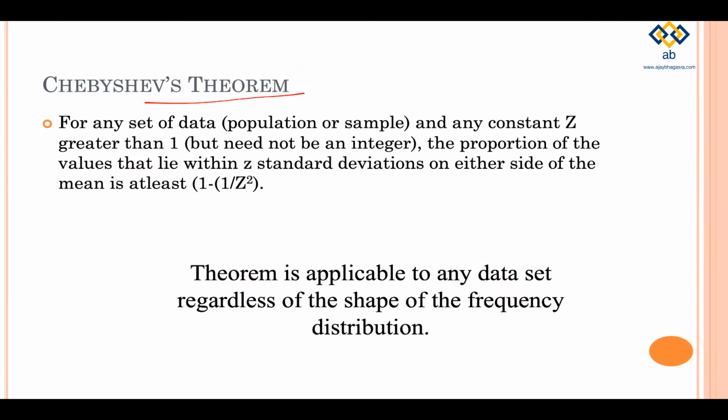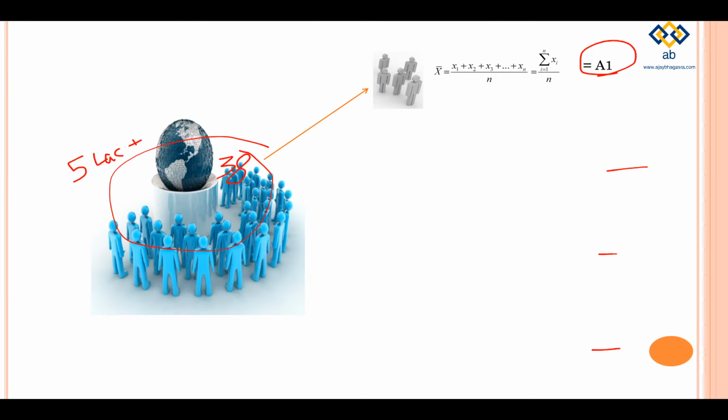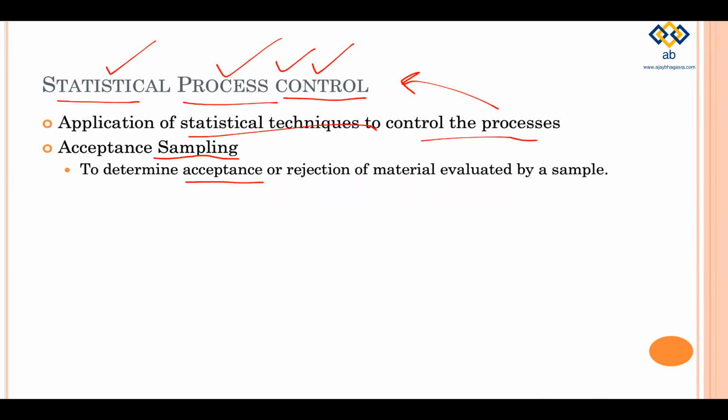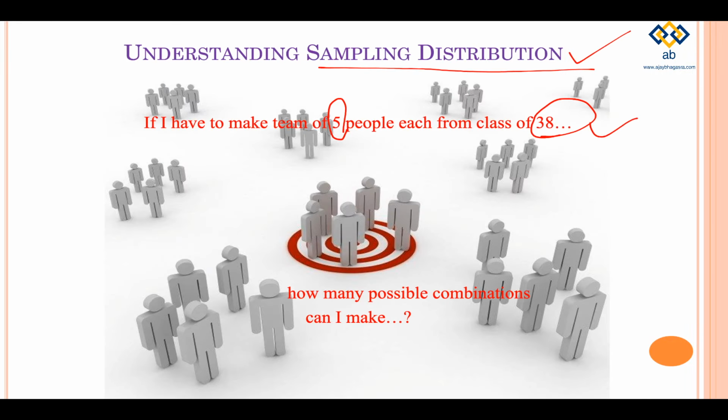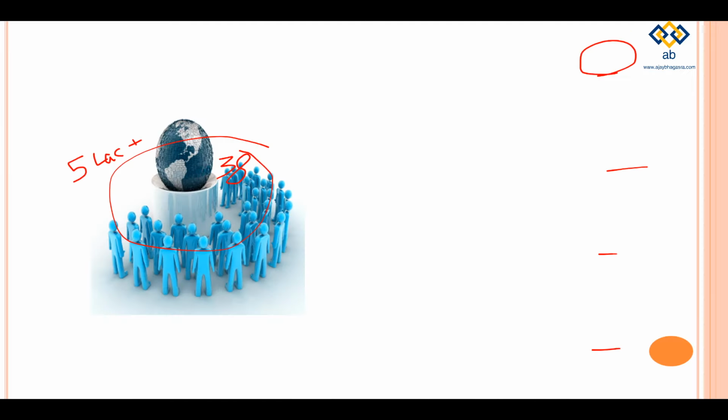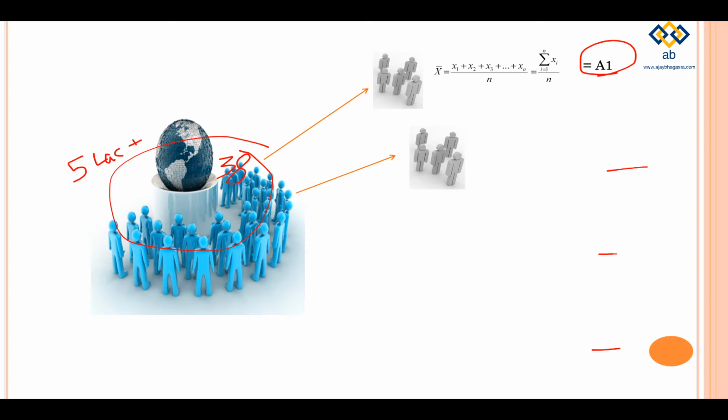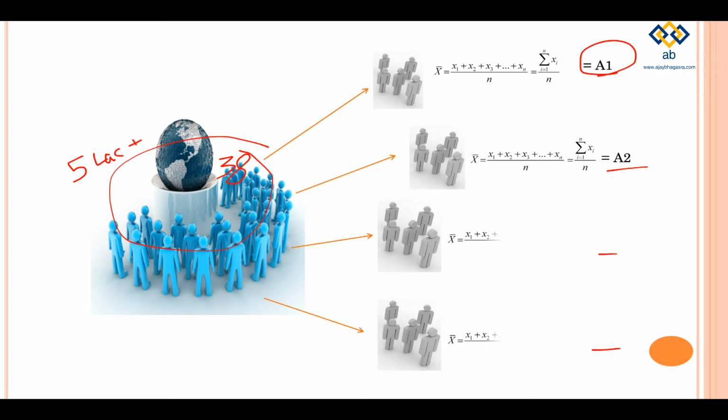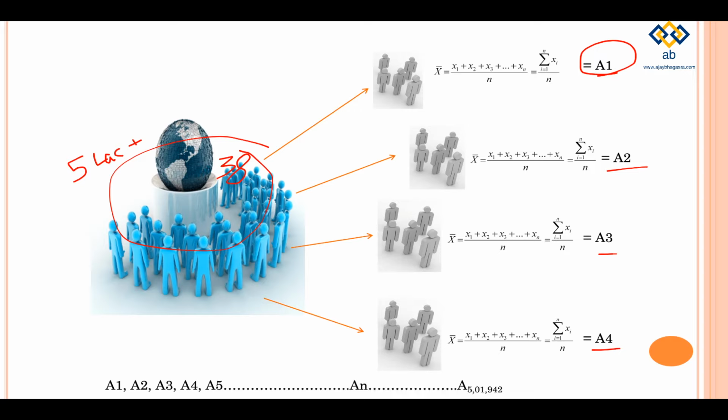Let me show the slides to you so that it is easy for you to follow. This is where we started from. The number of possible combinations we can make is 5,01,942. I took the first sample and its mean, and called it A1. Similarly A2, the third sample, the fourth sample, and so on for all possible samples till A5,01,942.